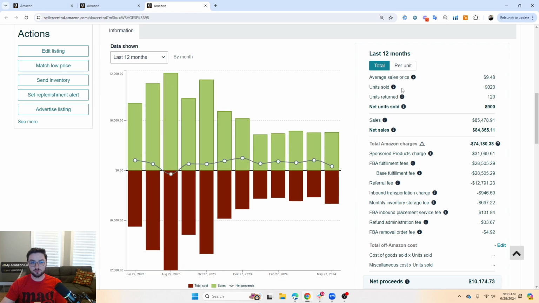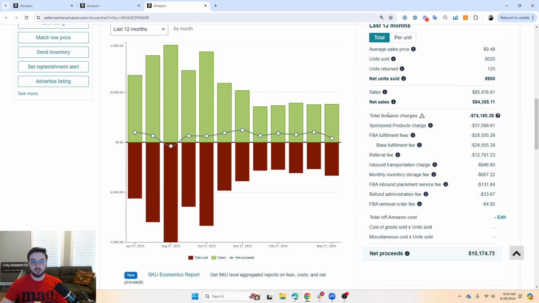It'll give us our total units sold of the product, units returned. So I like this one just from seeing the aspect of where are we actually looking for unit return percentage as well. And then net units sold. So this is after units returned. Now, this is the interesting part, the total Amazon charges. So they actually will break down everything here, which is kind of interesting.